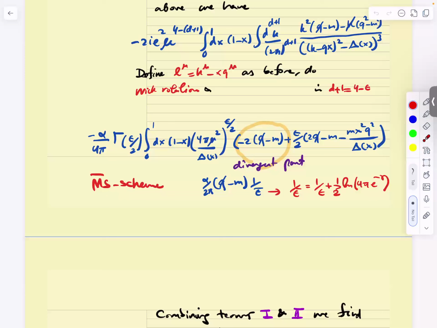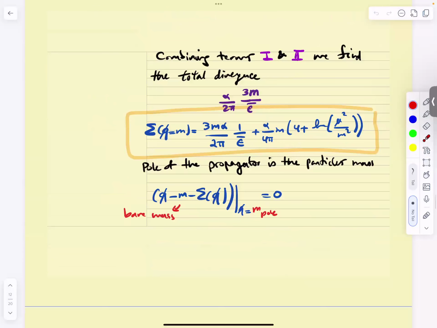So the simplification I've done is I've taken q to be exactly m on the node because I want to interpret this, but I don't have to. Why am I doing that? Let me elaborate a little bit. I think I have to explain this.